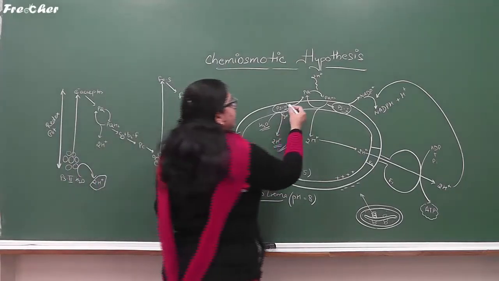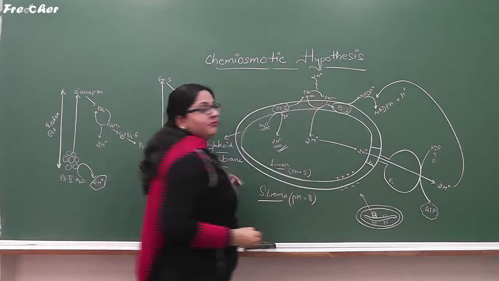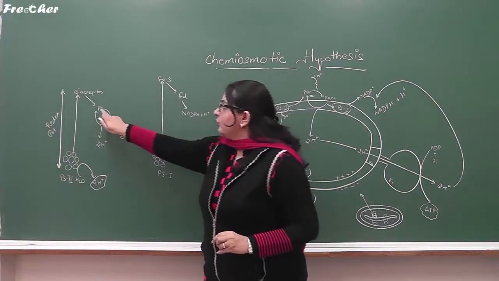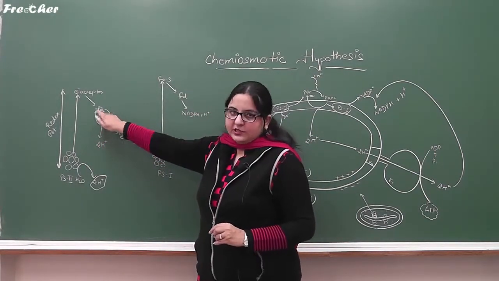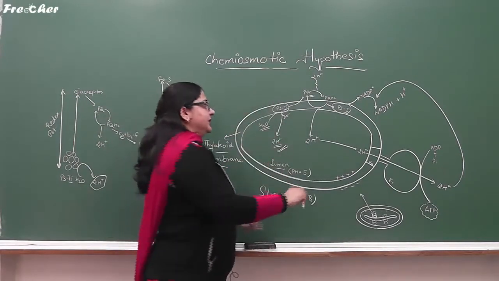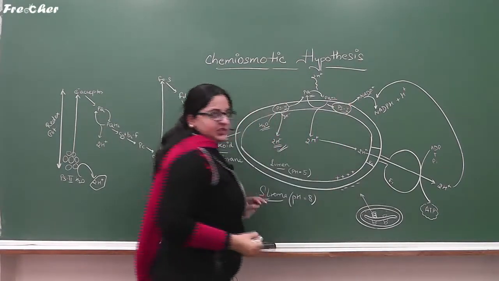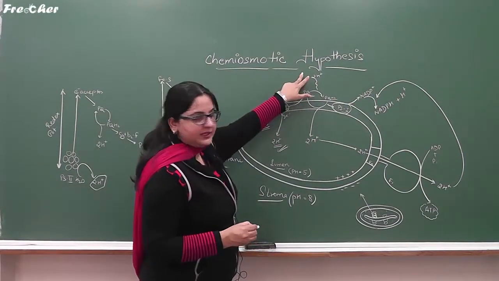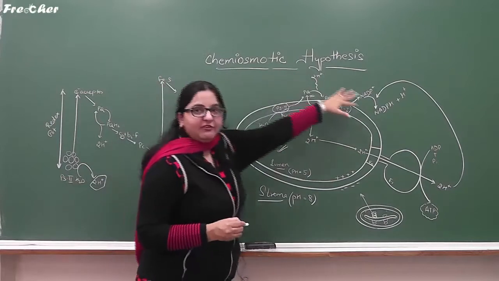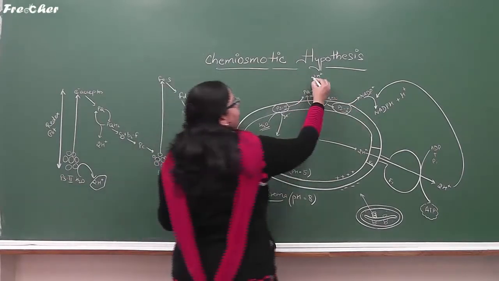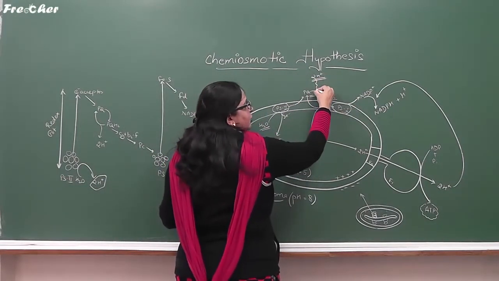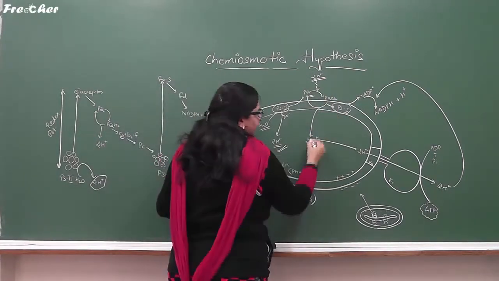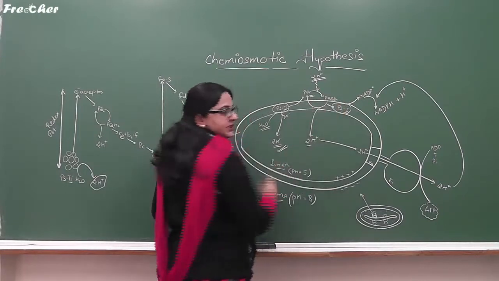Number two, due to the proton pump, we have discussed that PQ, one of the electron carriers in the electron transport chain, gets converted into PQH2 by taking two protons from the stroma region. Outside the thylakoid, everything is stroma. That means from here it is taking two protons and then gets converted into PQH2.